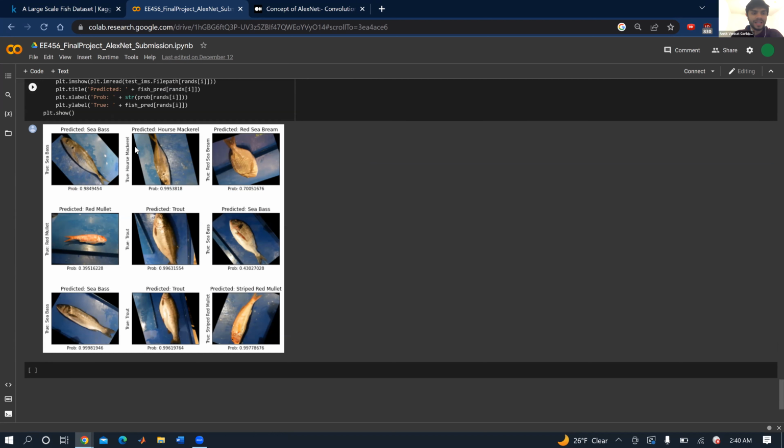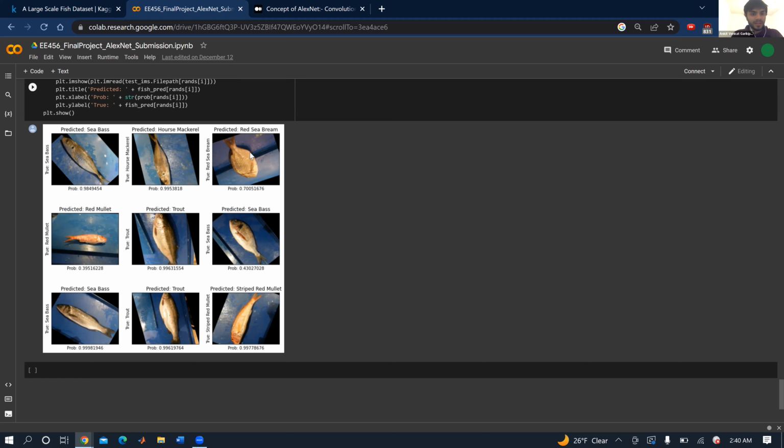You can see here a selection of images, all 9 of which were classified correctly. Most of the images have very high classification probabilities, such as 99% and 98%, almost certain probabilities.